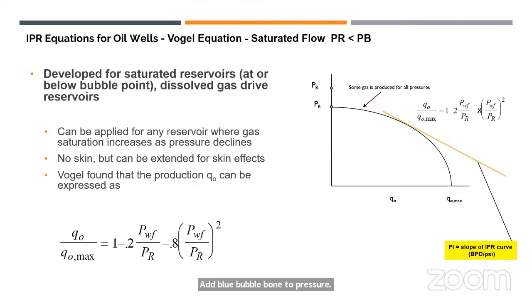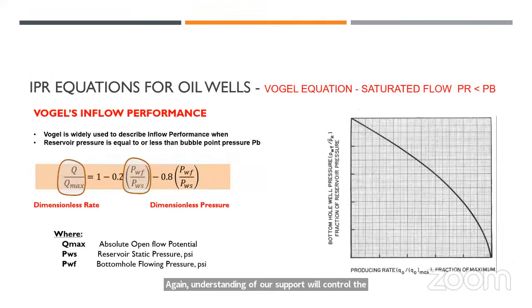So in some cases we have dissolved gas drive reservoirs. Again, our understanding of the reservoir will control the selection of the IPR model inside Prosper. This is the Vogel equation and how to use it to draw the inflow performance relationship.